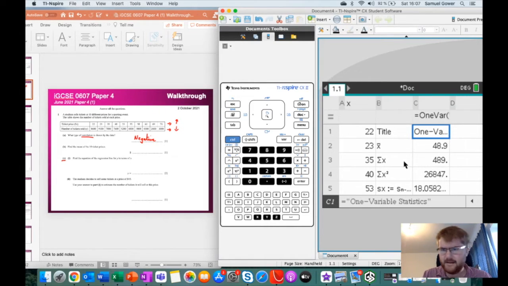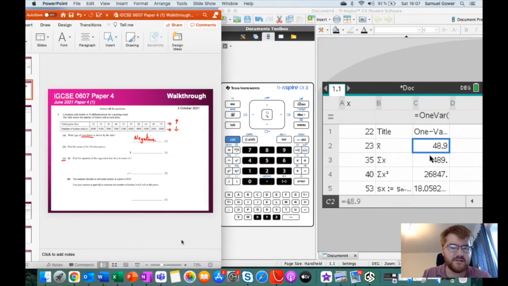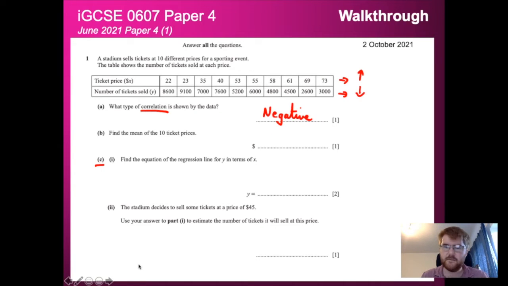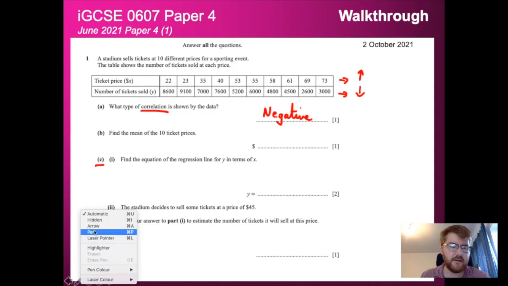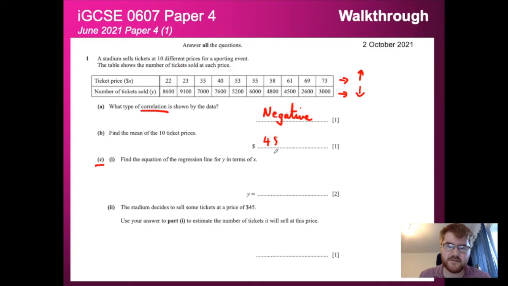Very useful for IB later on if you do the International Baccalaureate. What we need though is just the x-bar, which stands for the mean, and that is going to give us 48.9. So we go back to the PowerPoint and I'm just going to write in 48.9 or $48.90.